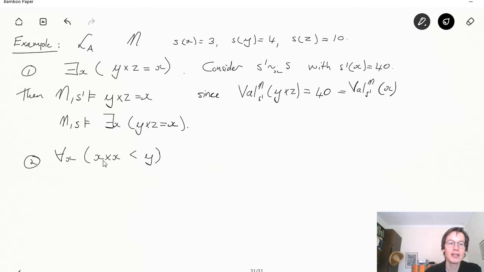I need an x variant which sends x to something such that if I square it, I'm not going to get something less than 4. In particular, I could take S as it stands.